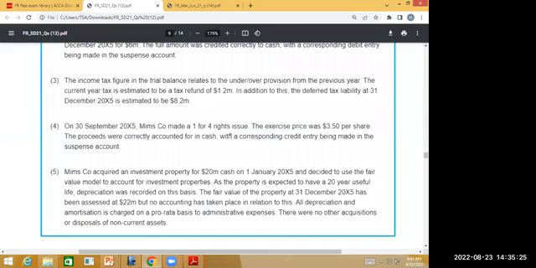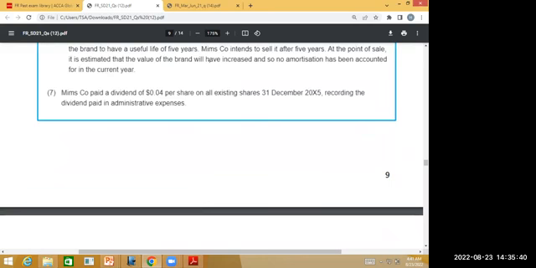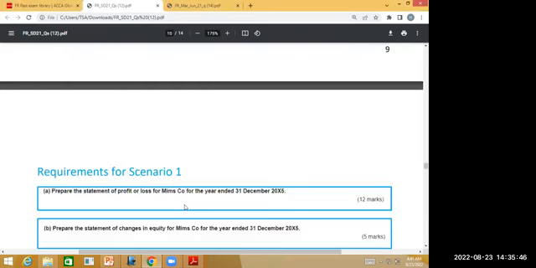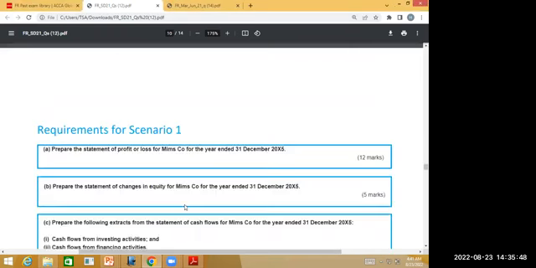Yes, you're right. So how many shares do we have after incorporating the rights issue? 75,000. So 75,000 into 0.04 will be 3,000. Very good.